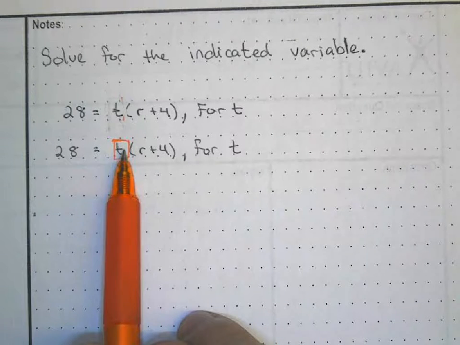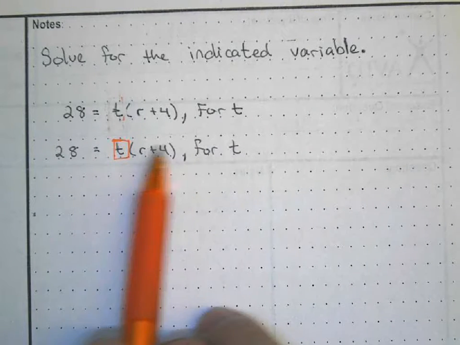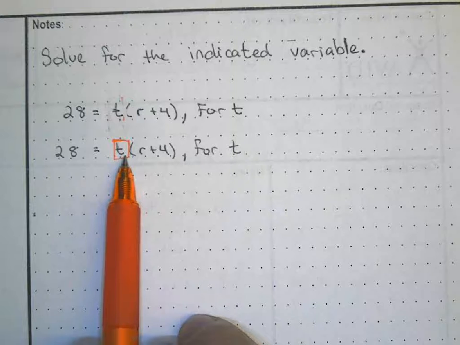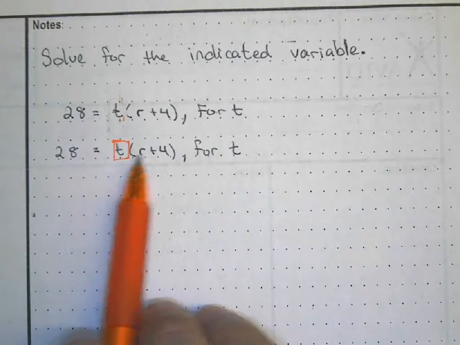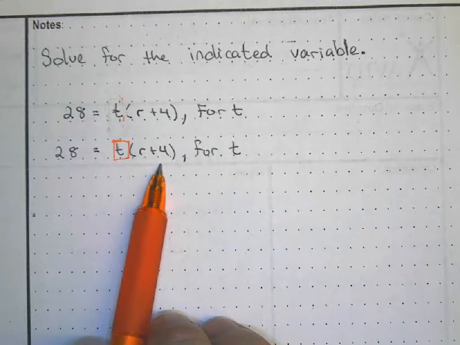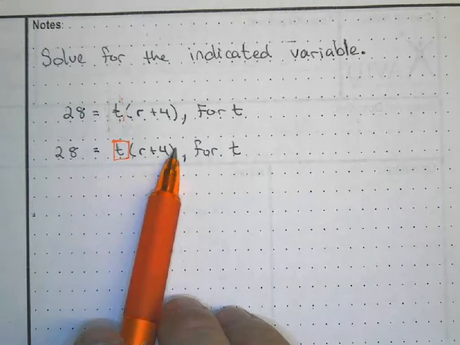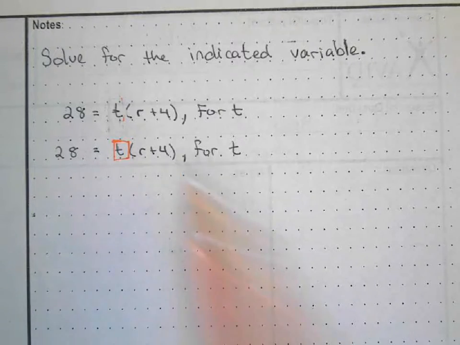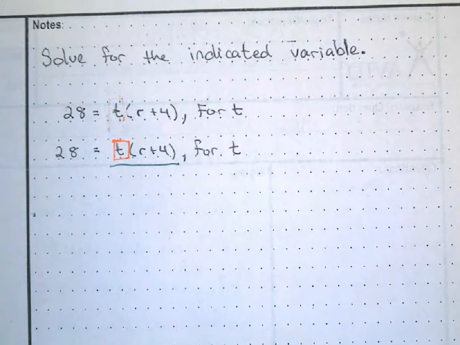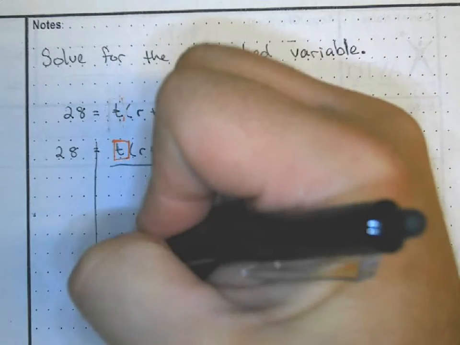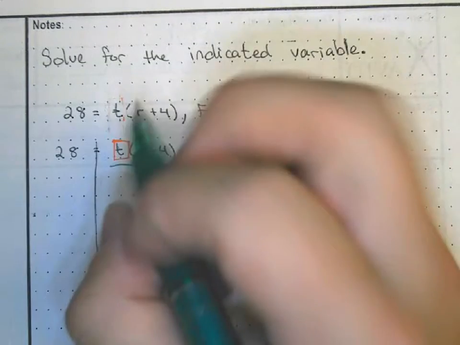Well, to do so, what's happening between the t and this r plus 4? Well, if I think about this whole thing as its own piece, I'm just saying t times something. So if I'm doing t times something, I can just go t divided by something. So I'm going to divide both sides by that something.